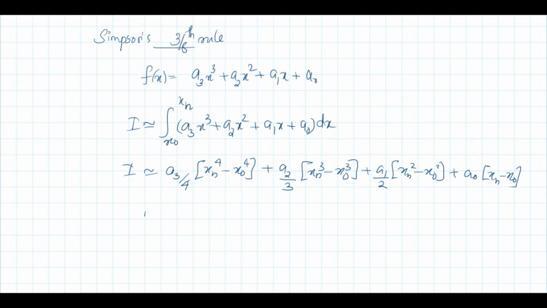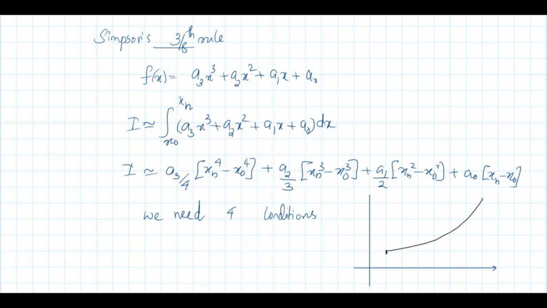But how can we find a3, a2, a1, a0? We need four conditions. So the idea is demanding that the original function and the approximated cubic polynomial should match at 4 points. If your original function is something like this, this is the initial point x0 and this is the final point xn. Divide this into 3 segments.